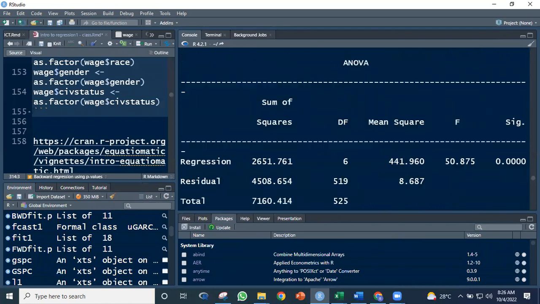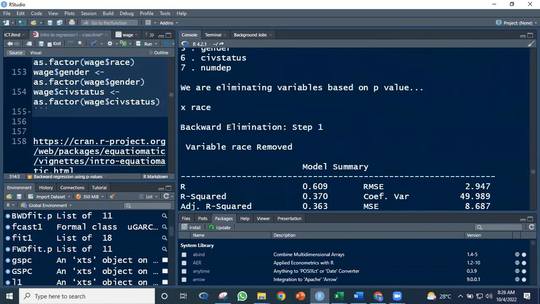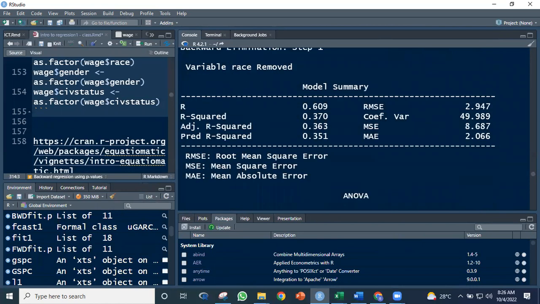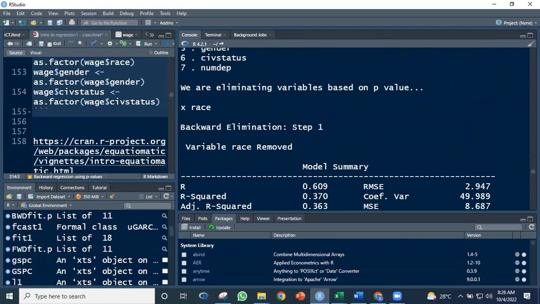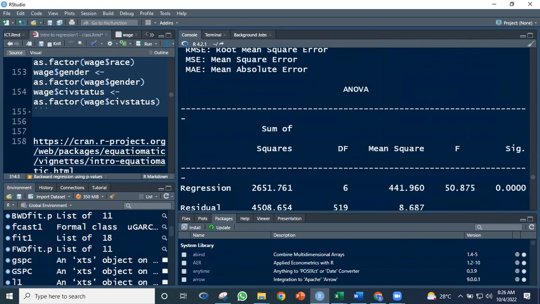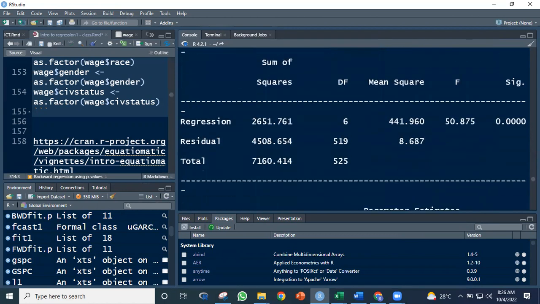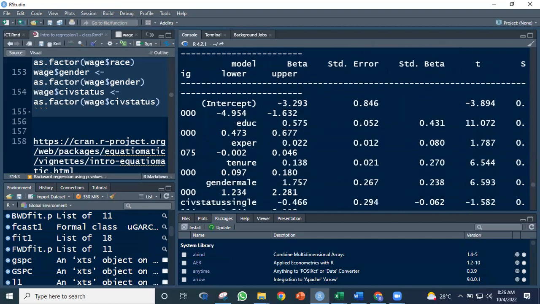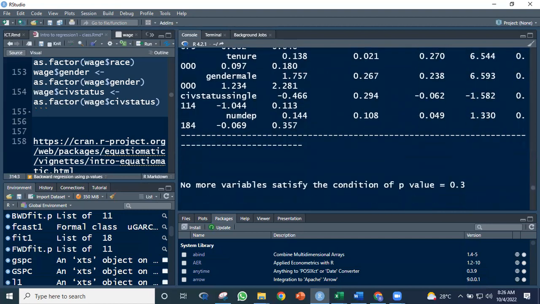So here, step by step, guys, just like the one that we did before, what to remove, race, remove. So here, remove race. Then it gives us the ANOVA and then the output.